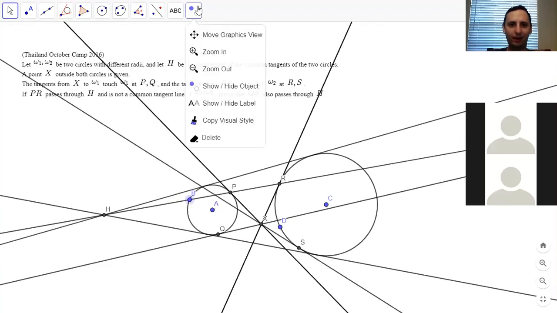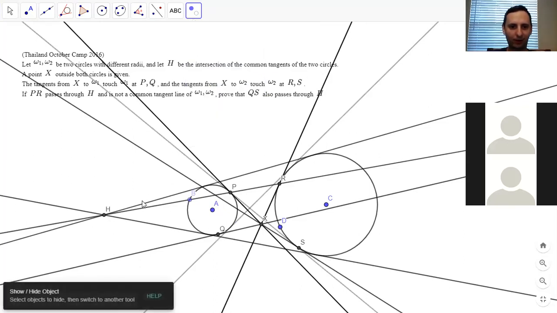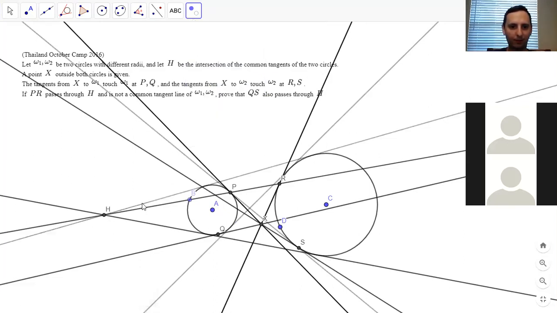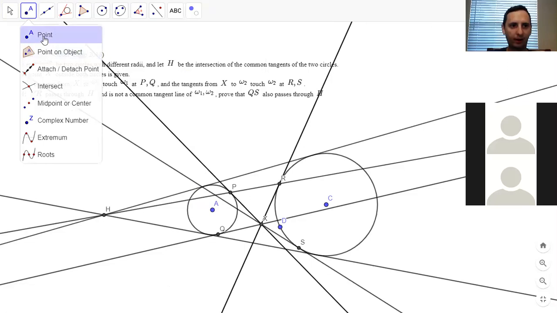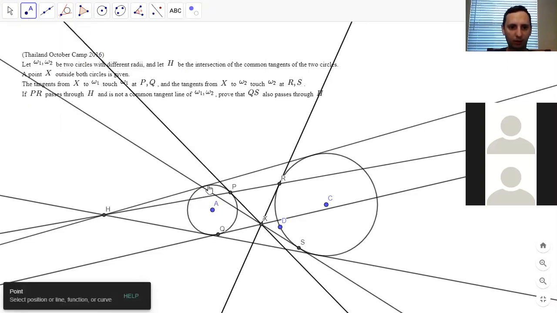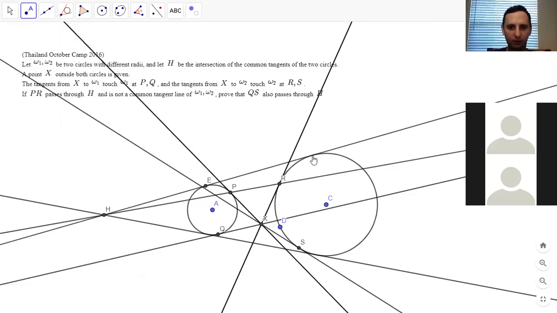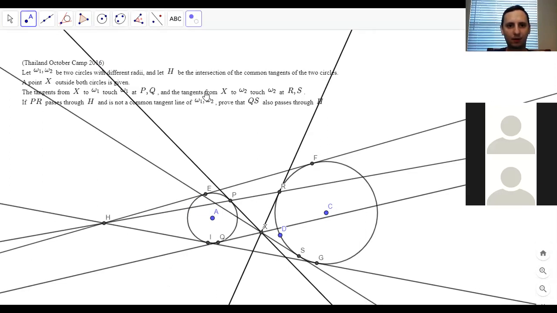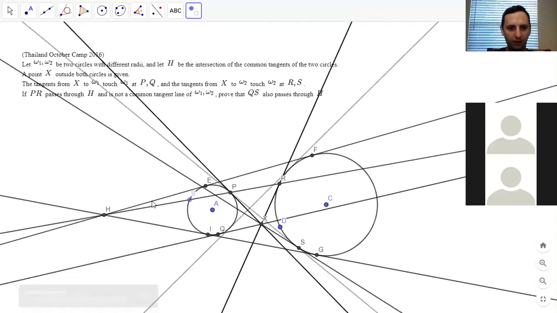I'm going to hide a couple of things here because there are too many lines. Actually, before I do that, let me draw these points. Now I'm going to make the diagram look a little nicer. Let me see what points I can hide.